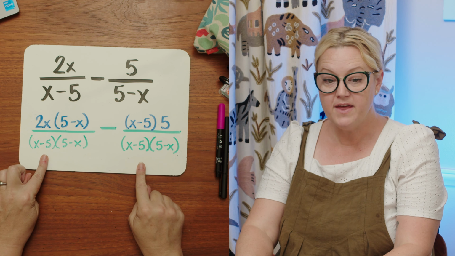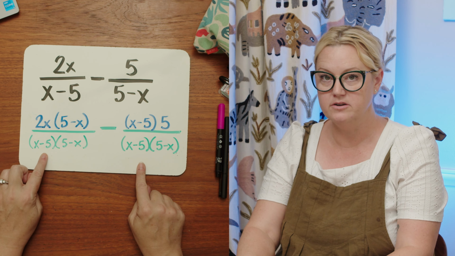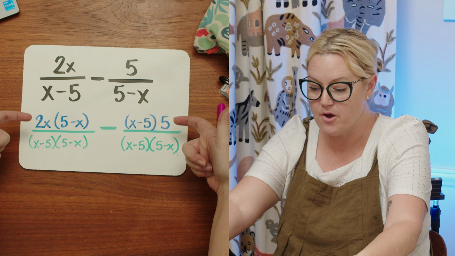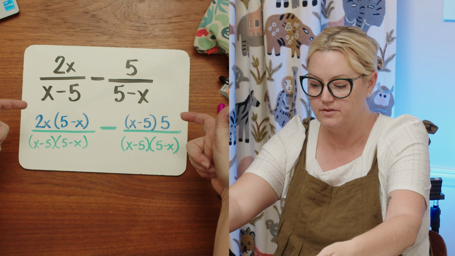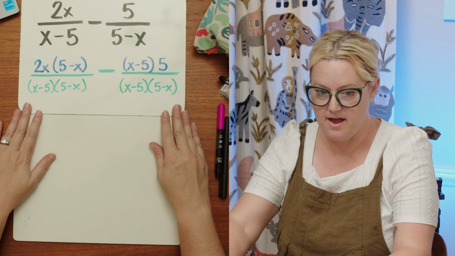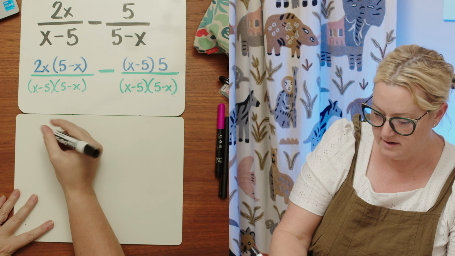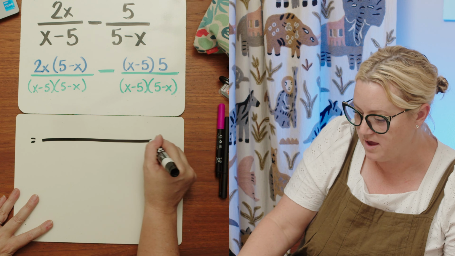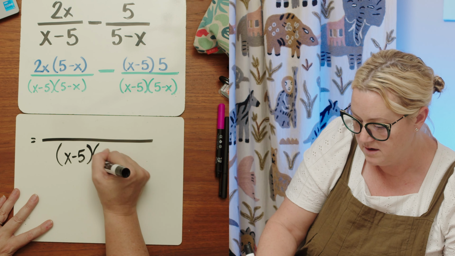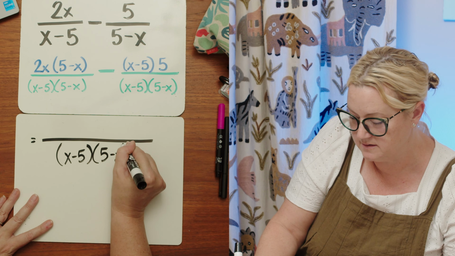Now that I have these as common denominators, I can mush them into one because I can now just focus on the numerators. So I'm going to move this up. So now I've got everything over x minus 5 times 5 minus x.